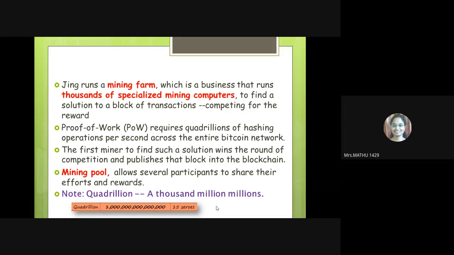So now different miners in the network will be working on to solve this puzzle. We have seen that Alice has made a transaction to Bob, and that is bundled into a block. A block will not have only one such transaction, it may have hundreds of transactions.